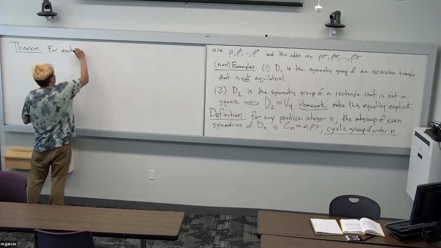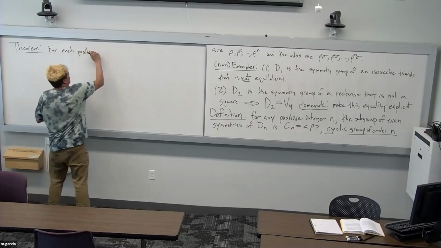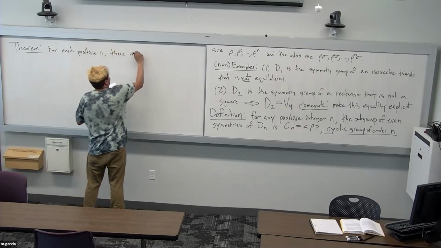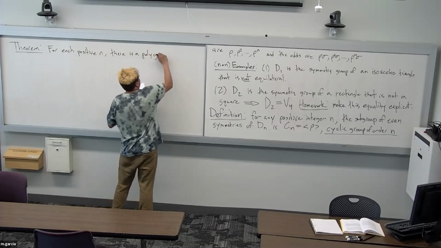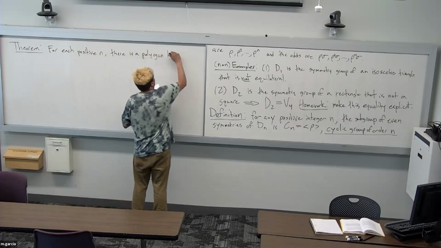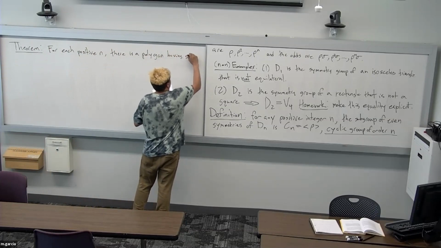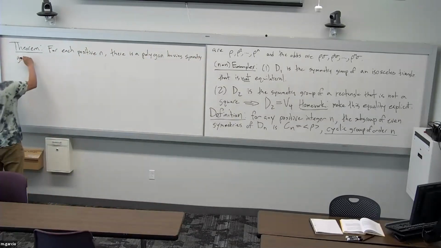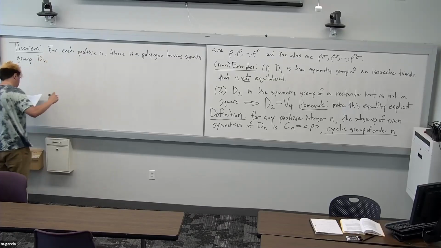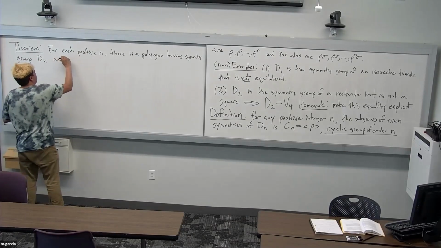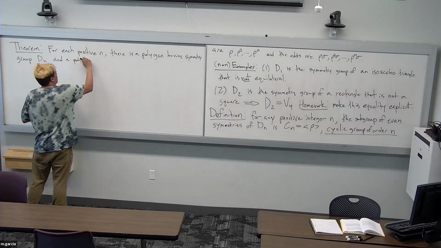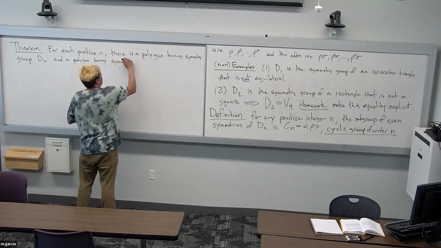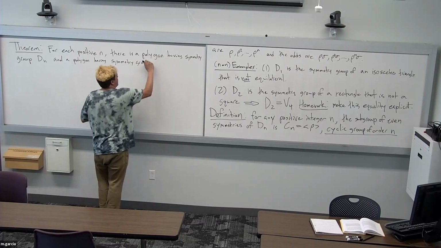For each positive n, there is a polygon having symmetry group Dn and a polygon having symmetry group Cn.